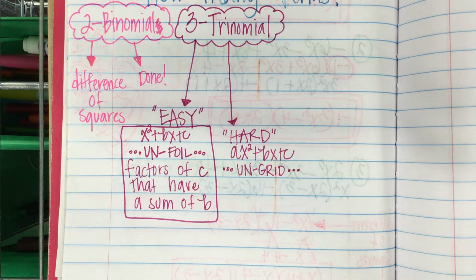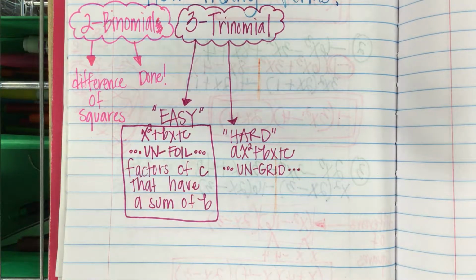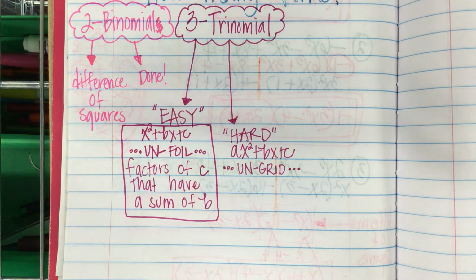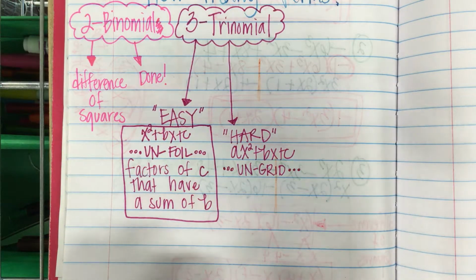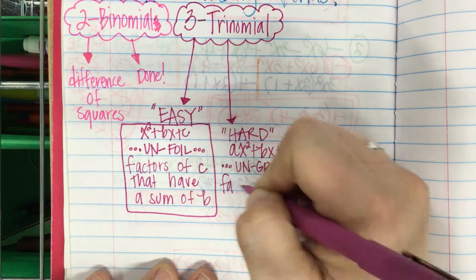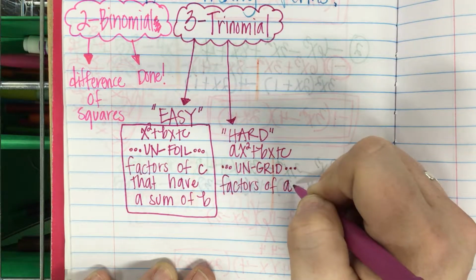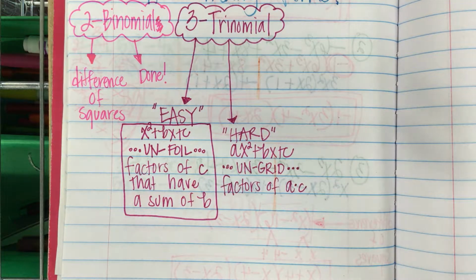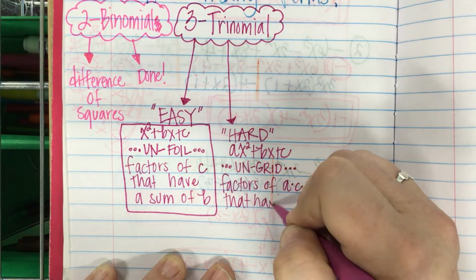How do you get the numbers that you need? What do you look for in a hard problem? How do you fill in the X box? Factors of ax squared and c, factors of a times c, that have a sum of b.